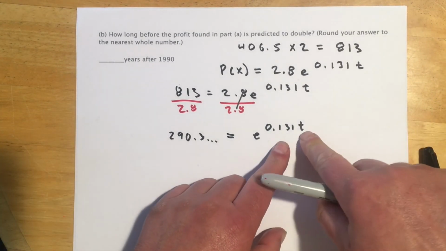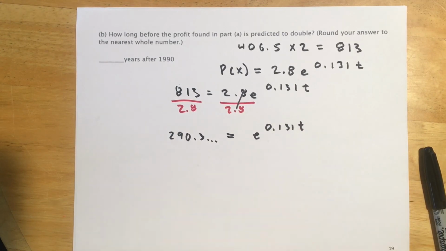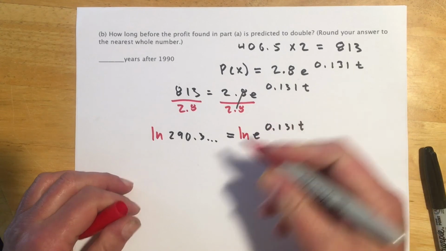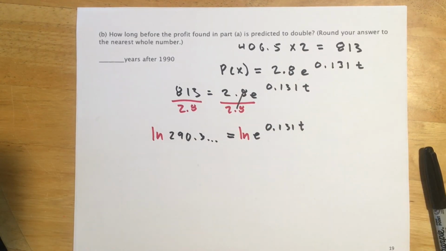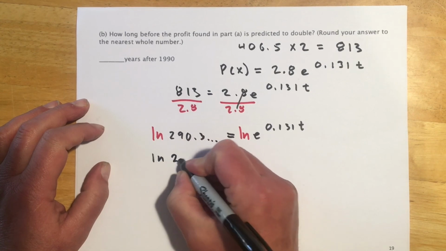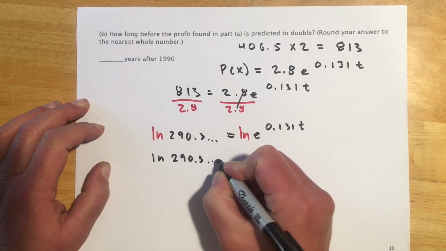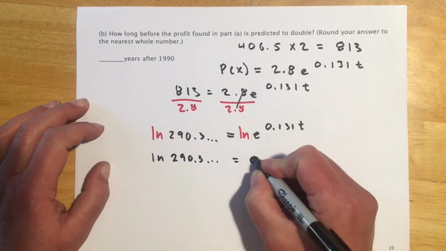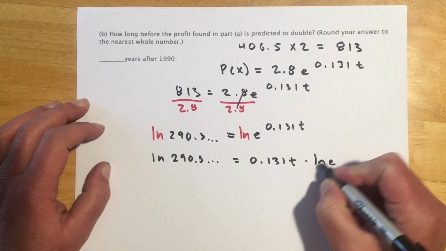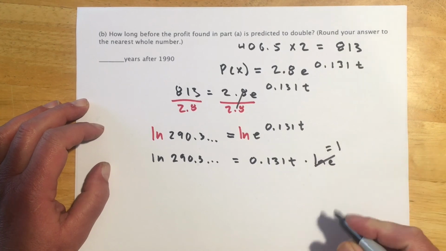And then we're solving for an exponent. So remember, logs find exponents. We're going to natural log both sides because of the base e. And we'll bring this down front. So now I have ln 290.3 equals 0.131t. And then that would be times ln e, but again, that equals 1.